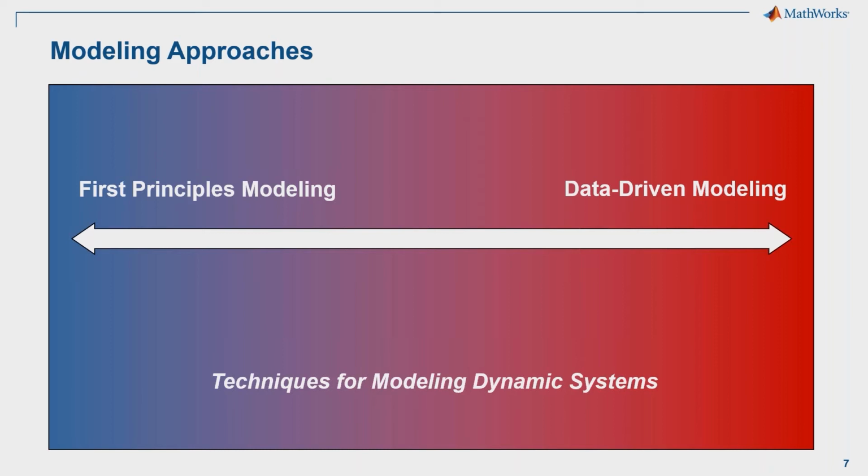Where we're not really using equations, we're going to be using machine learning techniques or deep learning techniques in order to build out some sort of estimation of the system based on those structures. Now, there are different options kind of in between here as well, parametric models, things like that. And with MATLAB and Simulink, we have tools for across this entire spectrum.